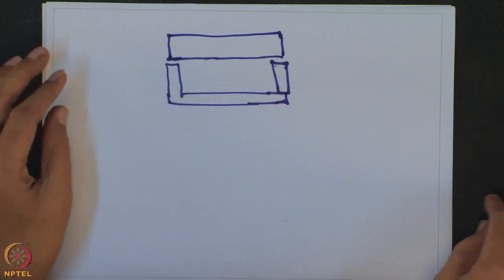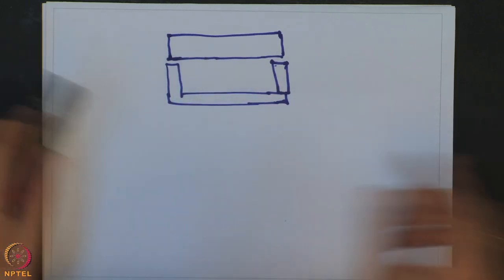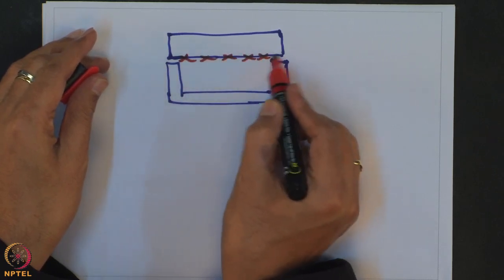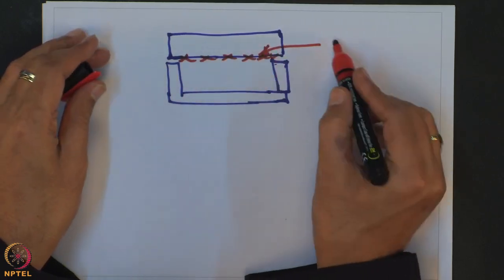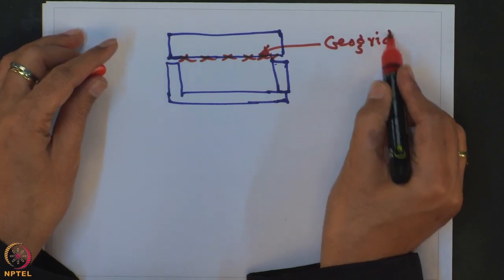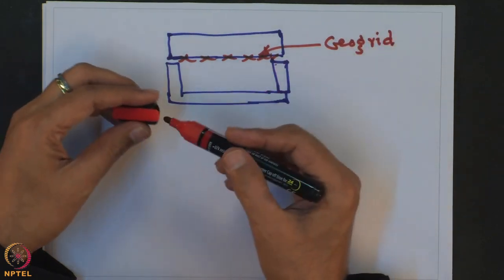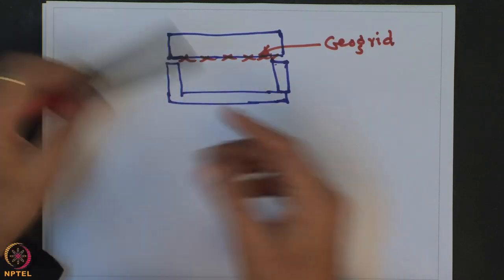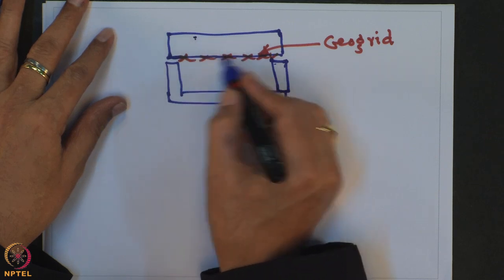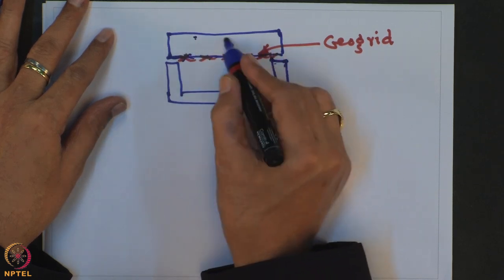And the geogrid material is fixed with the top wooden block. So, this geogrid is attached to the block.